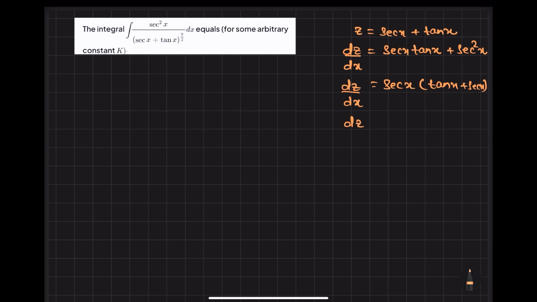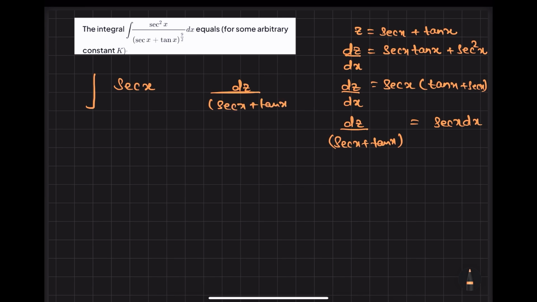Now can I write dz by (sec x + tan x) equals sec x dx? Now we will manipulate here. The sec square x will become sec x dx, and we will replace that by dz by (sec x + tan x).